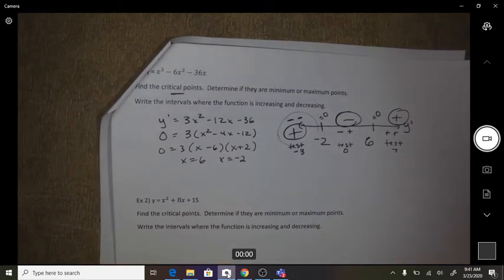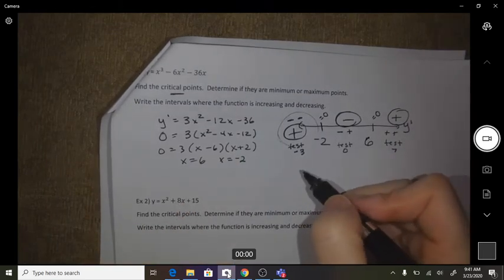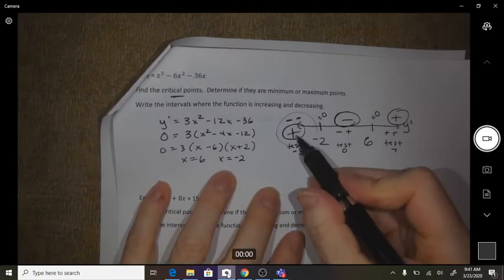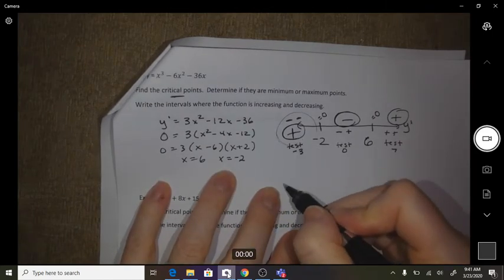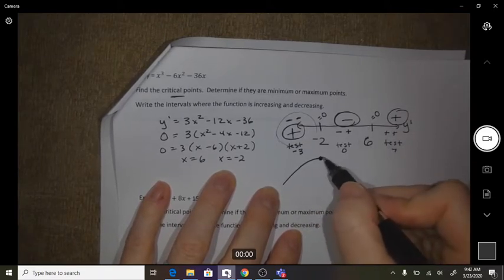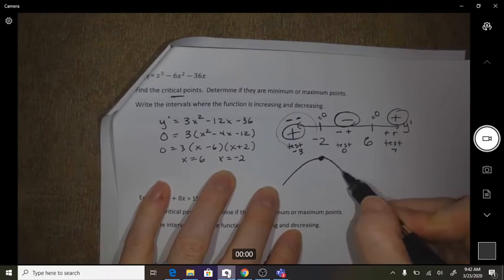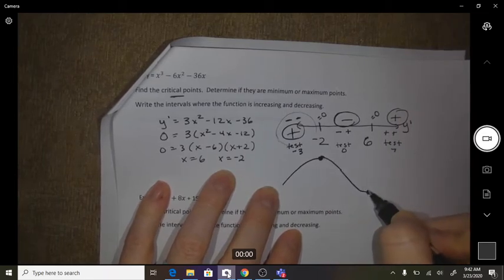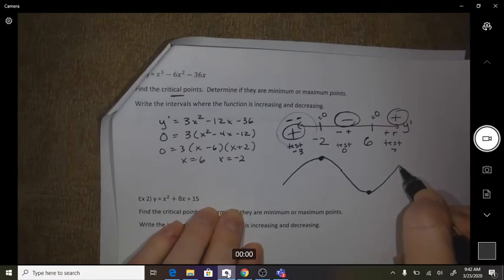Okay, so what does this tell me? It tells me my slope is positive, so the function is increasing, and then a slope of 0, and then it's decreasing, slope of 0, and then increasing.